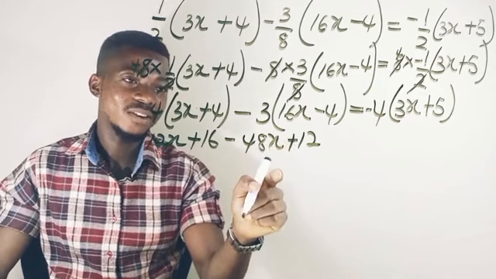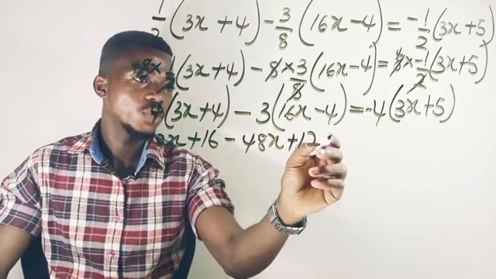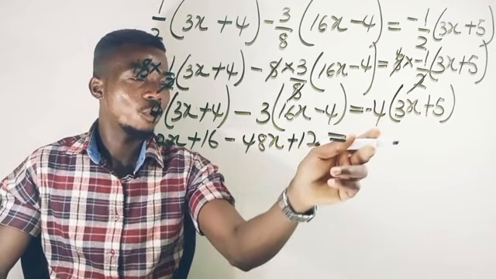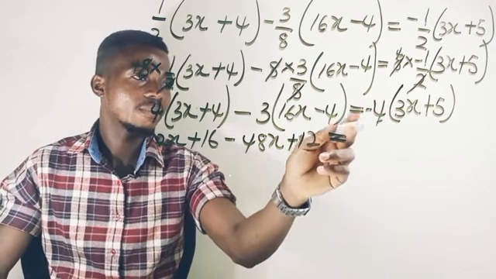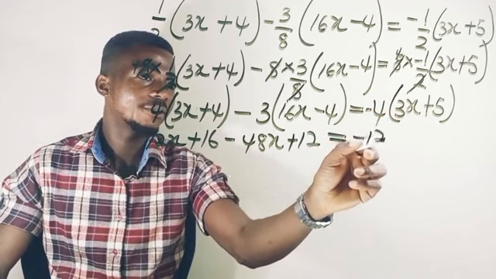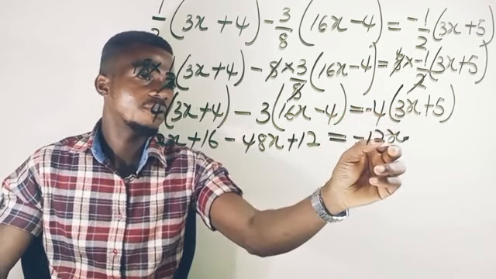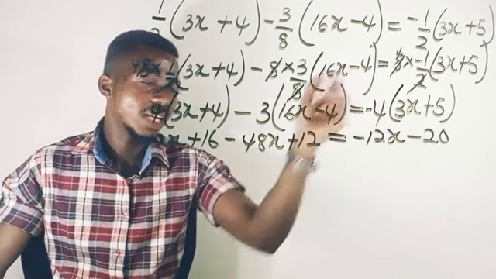Don't get it twisted here, all right? Some of the times you write negative 12 and you get everything wrong, okay? So equal to negative 4 times 3. Please don't forget a negative. Negative 4 times 3 will give you negative 12x, all right? Then negative 4 times 5 will give you negative 20.